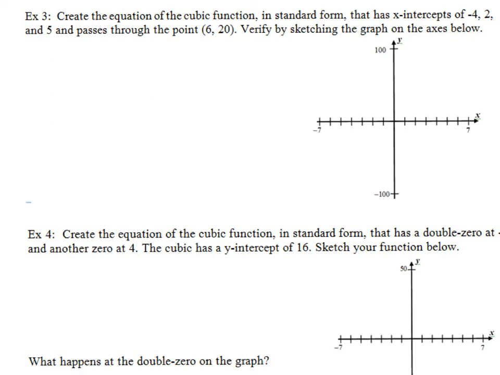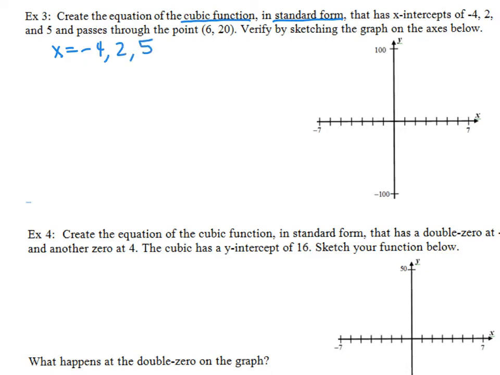Let's go ahead with example number 3, where we want to create the equation of a cubic function this time. Eventually we're going to get this cubic function in standard form, but we're going to start with it in intercept form to begin with. Our x-intercepts are going to be -4, 2, and 5. So let's jot those down, -4, 2, and 5.